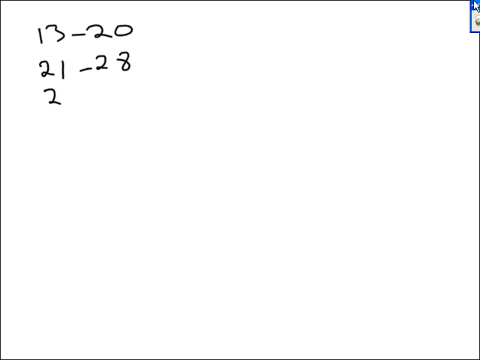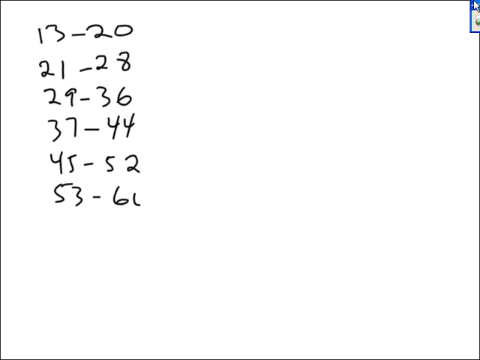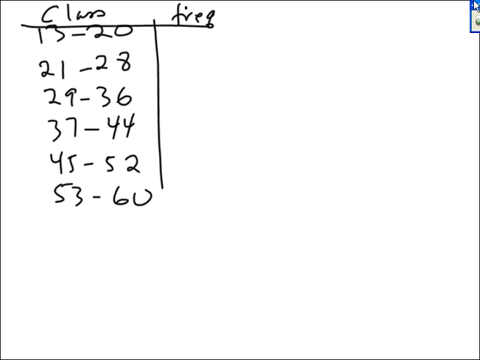Suppose that you are told this. 37, 44, 45 to 52, and 53 to 60. Those are the classes, and as such, it really should be labeled, and you're given the frequency. 5, 5, 1, 7, 8, 4.